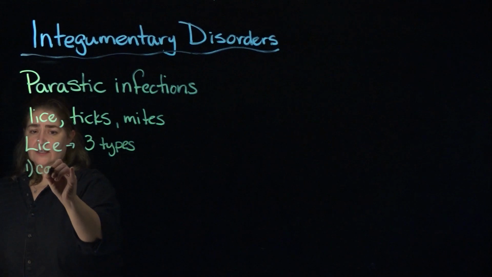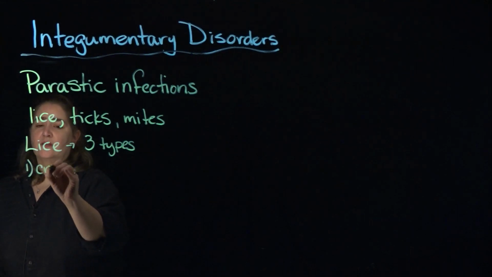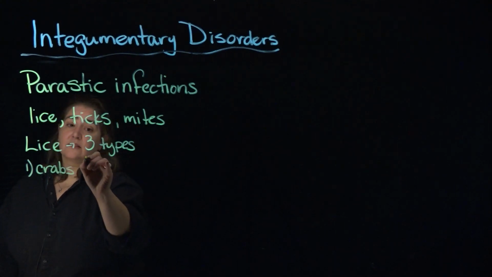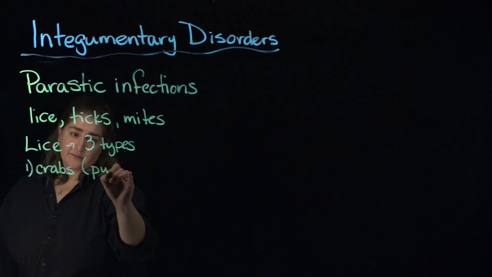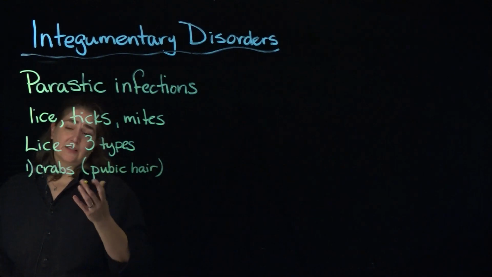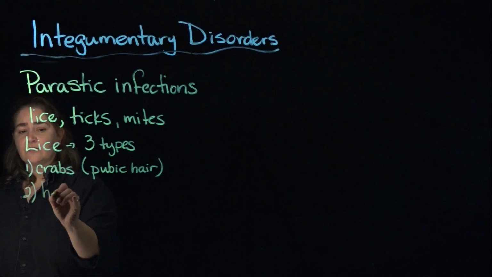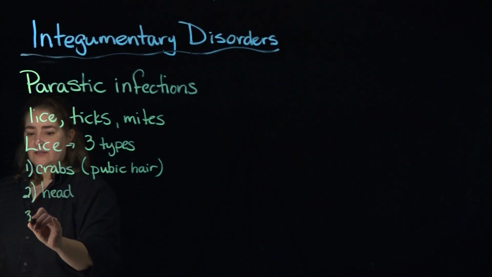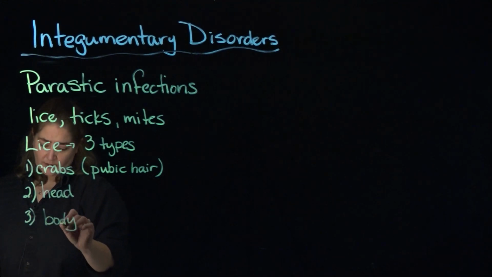Again, we'll get into some sexually transmitted diseases here. Crabs are one type of lice that are associated specifically with pubic hair. That's where they tend to like to live. Okay? You can also have head lice associated with the scalp, all right, and body lice as well.